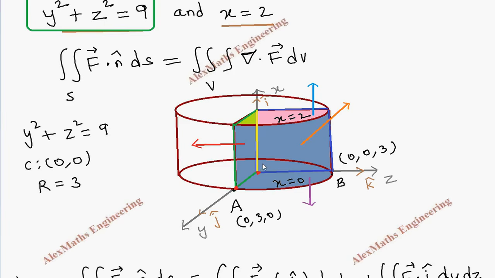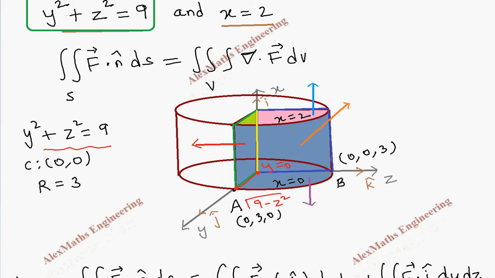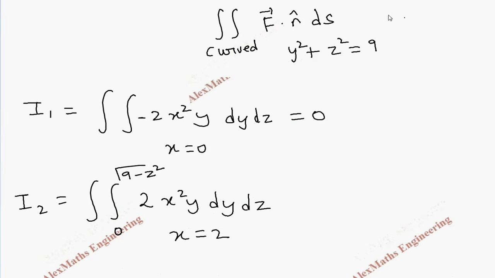Here the value of y is 0, but here, from this equation, the value of y is root of 9 minus z square. So y varies from 0 to root 9 minus z square, and z varies from 0 to 3.